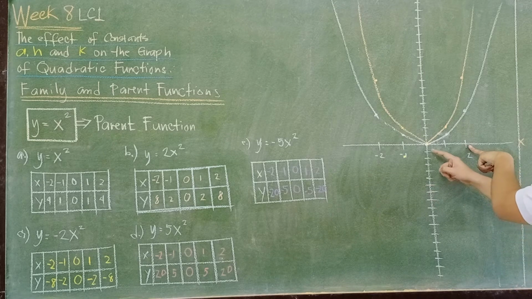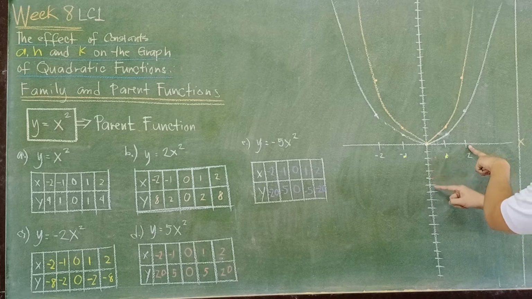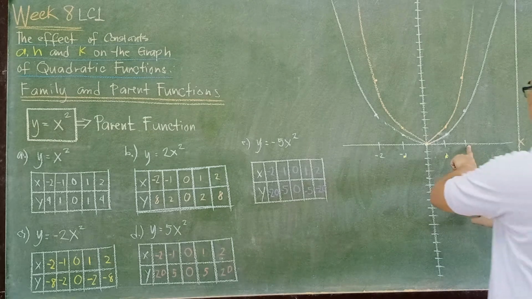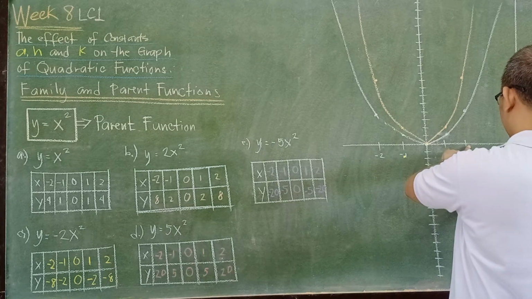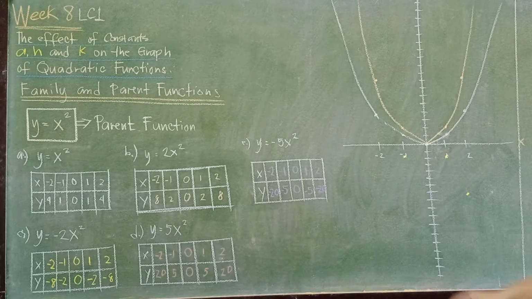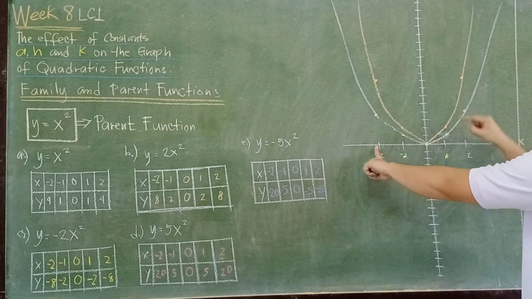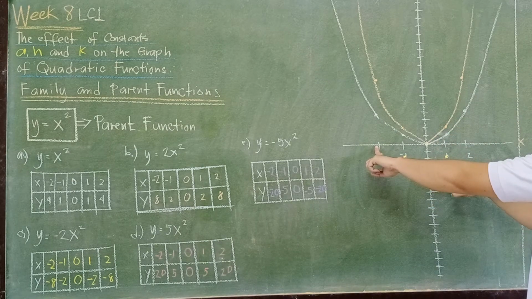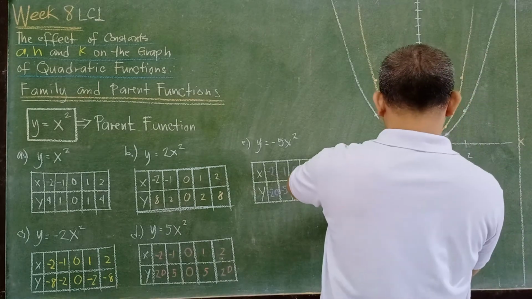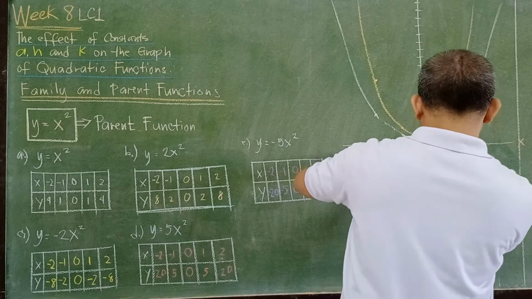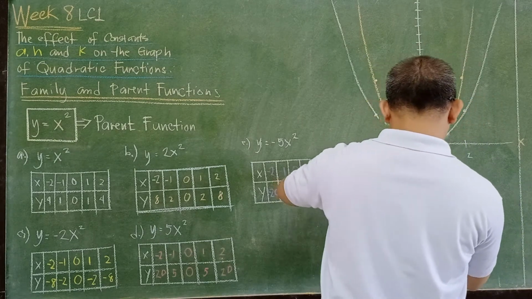Tapos negative 8. 1, 2, 3, 4, 5, 6, 7, 8. Next, negative 2, negative 8. So, negative 1, negative 2. Tapos, pababa, 1, 2, 3, 4, 5, 6, 7, 8.